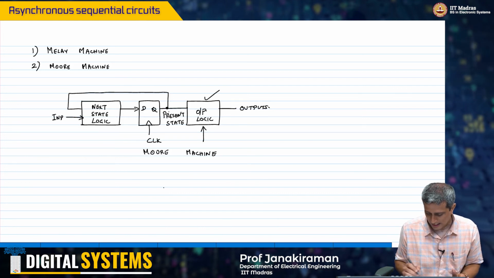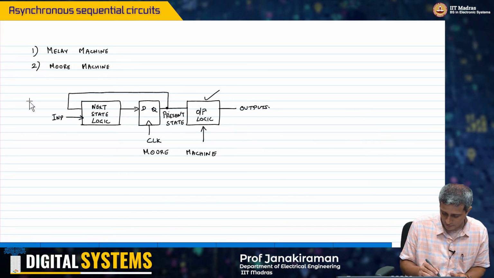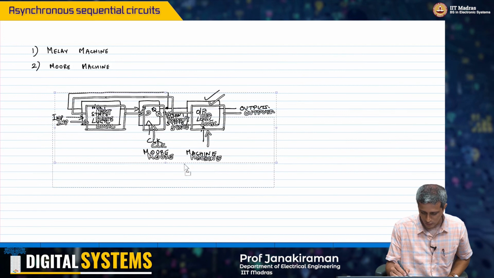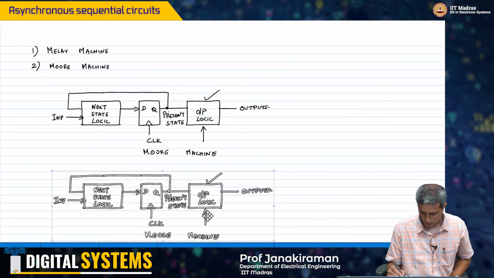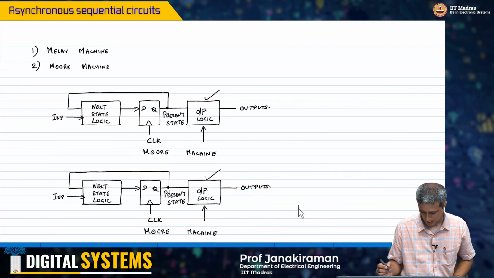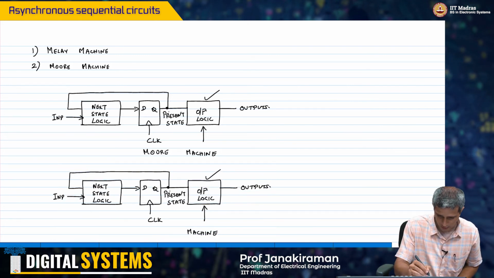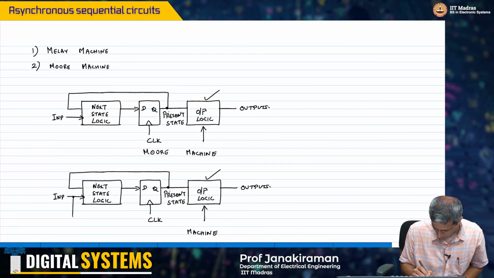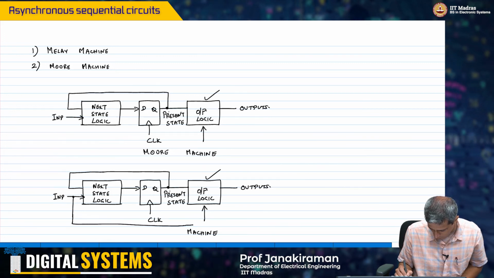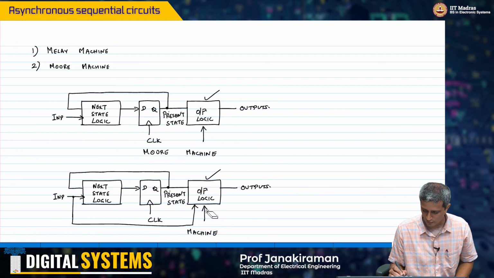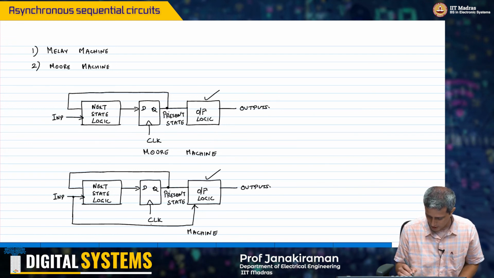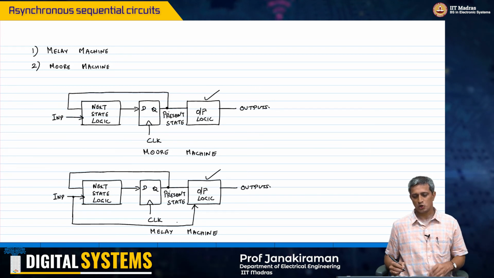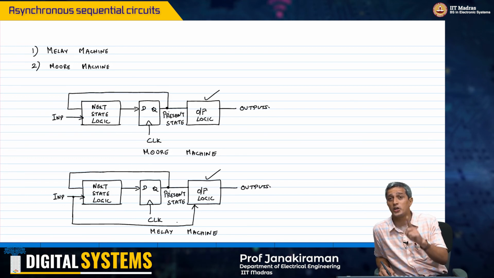On the other hand, I could have another type of machine, something very similar looking, but this is what I'll call the Mealy machine, where the output logic is now also a function of the input.